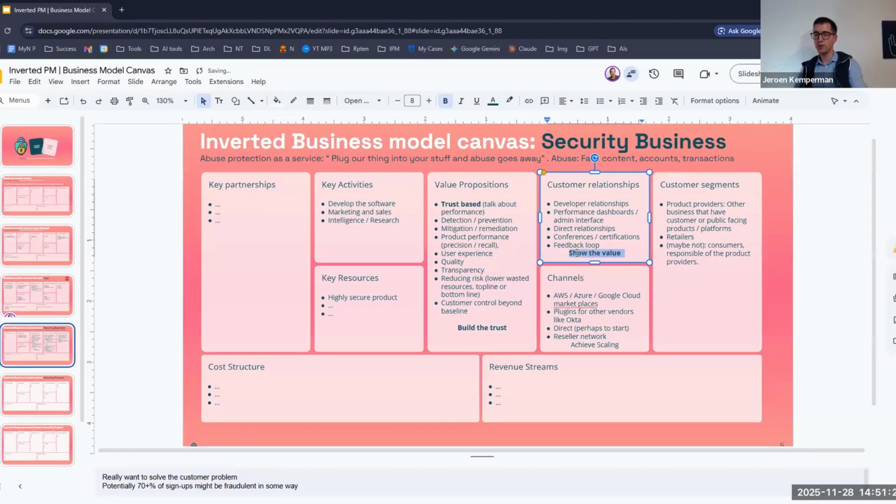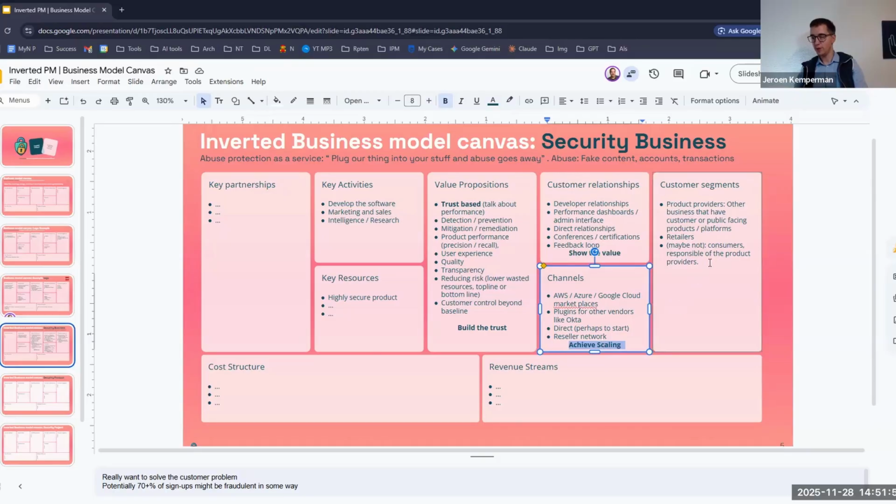In customer relationships, we said we need to show the value, which can even be done through some portal with dashboards. And in channels, it's really important to focus on scaling, to find a way to achieve scale, because the initial wave of customers through direct business is just not sustainable. That's why you have to get partners, developer relationships, marketplaces, and all those kinds of things.